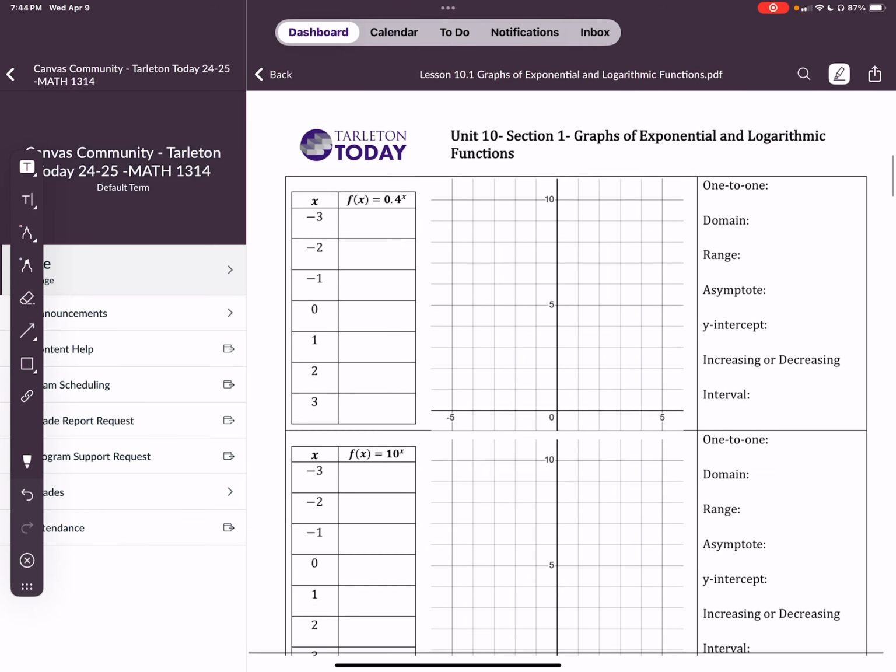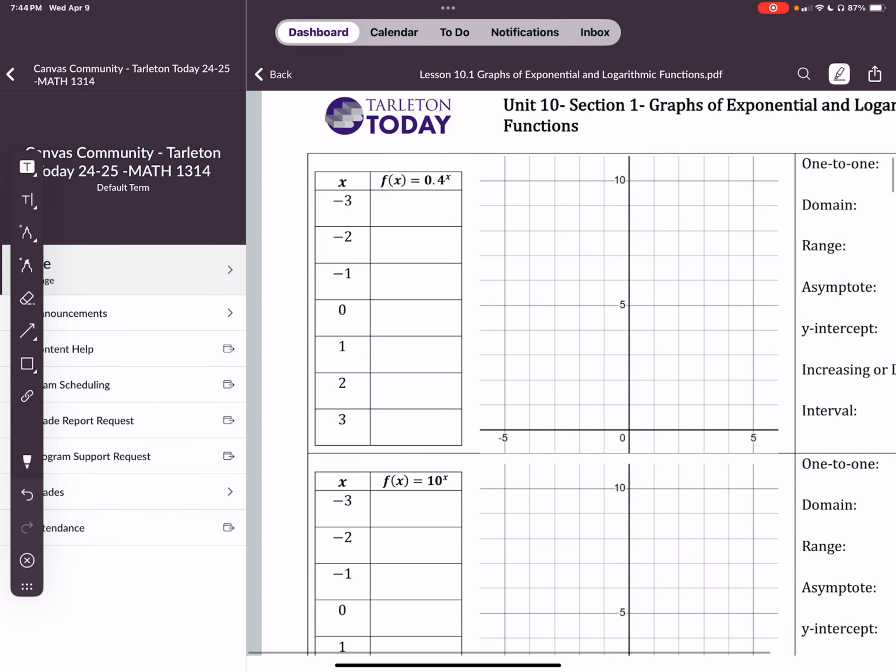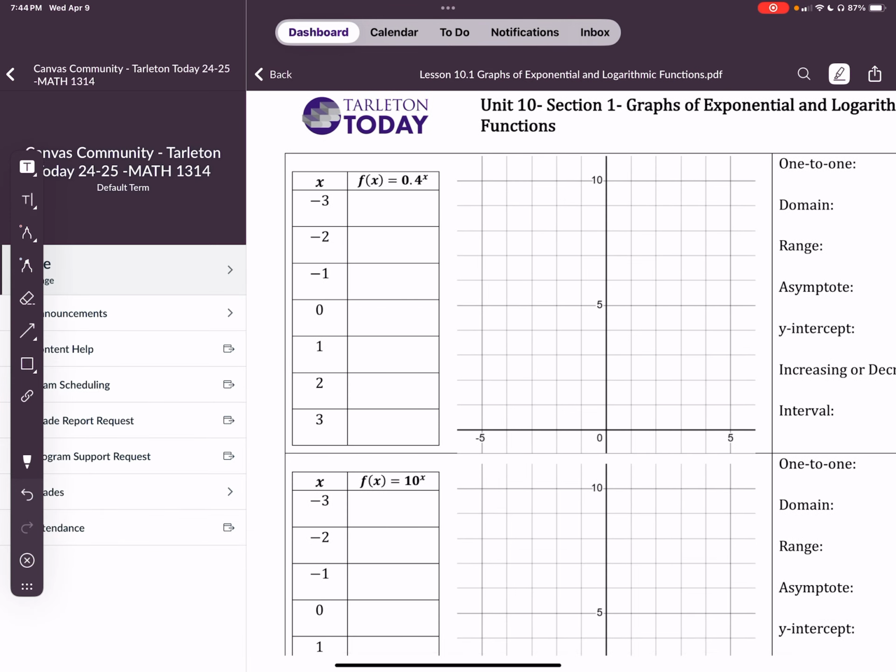All right, moving right along. I'll be honest, these next two are a lot the same as the last one. You're just going to plug the equation into your y equals, find the table and graph, and then see what characteristics you notice about the graph. All right, so 15.625, 6.25.